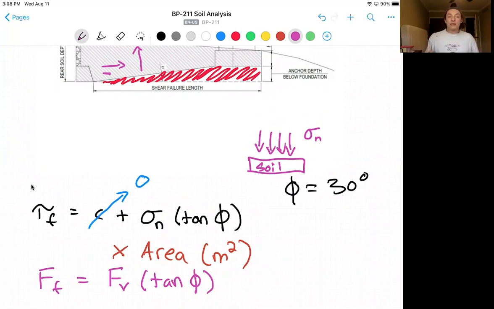And then this makes sigma N a little vertical load on the soil. And remember, this is including the weight of the soil itself.